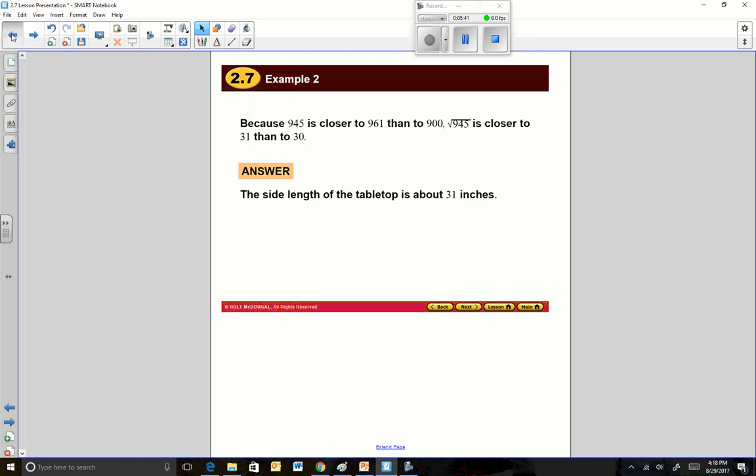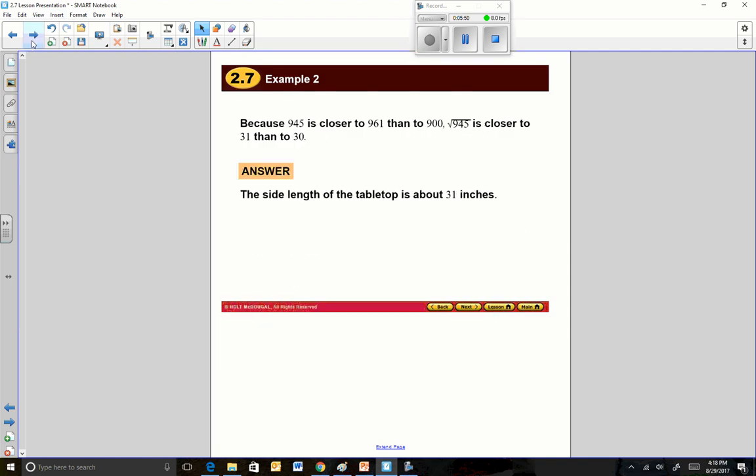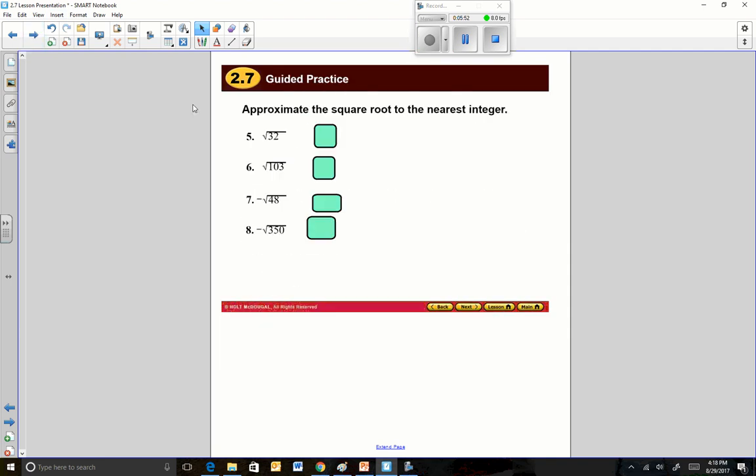So what were the square roots again? Let's go back and double check. 18 and 19. So for that one, you know that it's somewhere between 18 and 19.